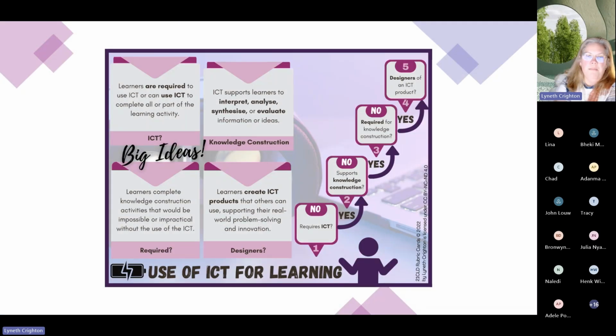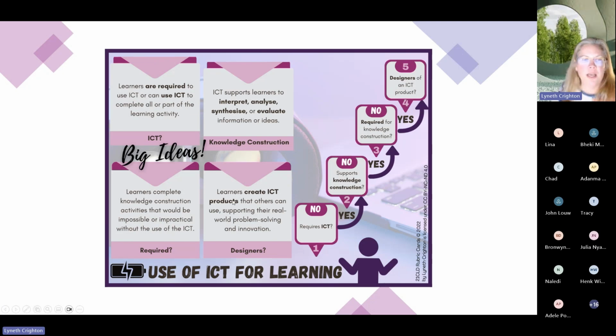So the main ideas for the use of ICT for learning: one is the ICT that they can or are required to use, and then does it support knowledge construction? And we remember that knowledge construction is to interpret, analyze, synthesize, or evaluate information or ideas.